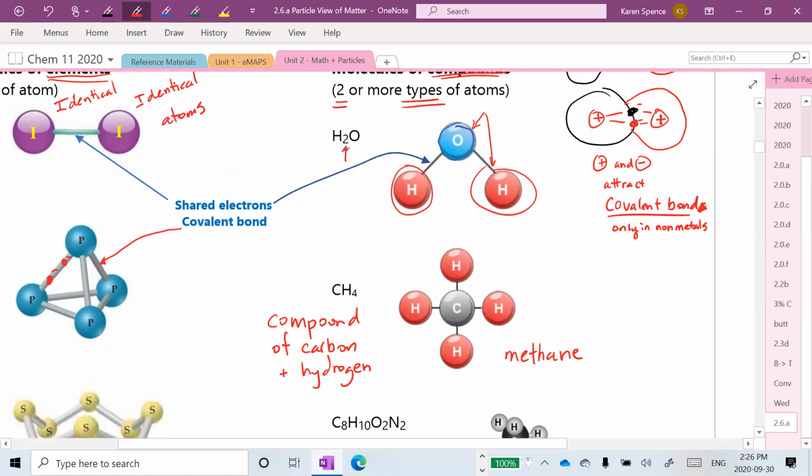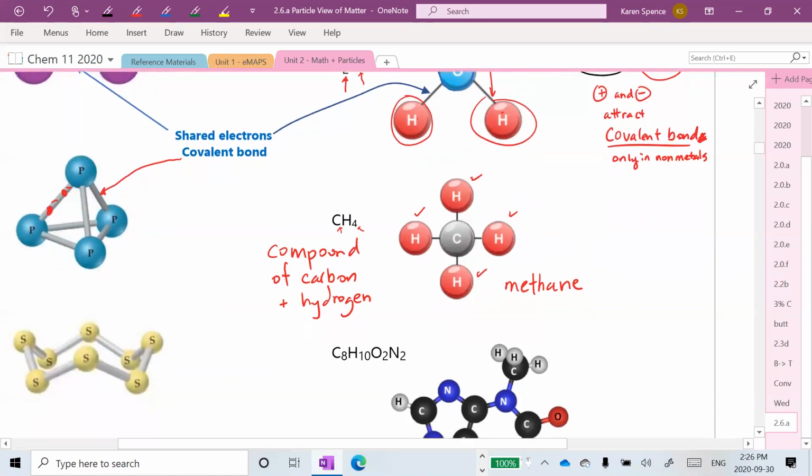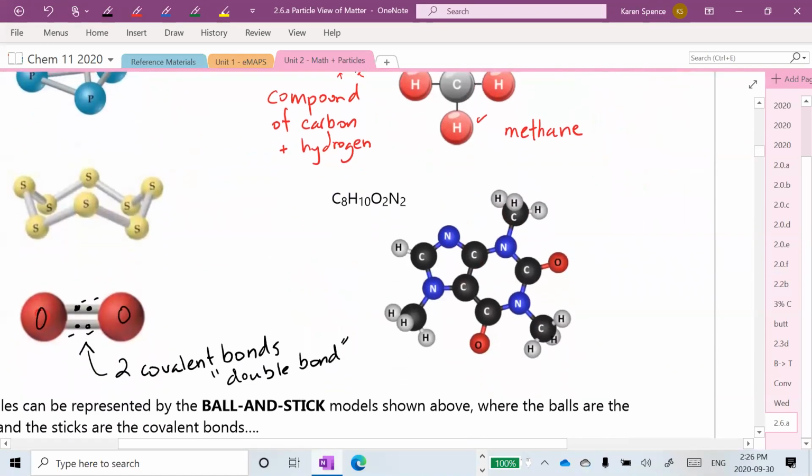You can see we have H2O. What that means is that we have two hydrogen atoms attached to the oxygen. There's nothing down at the oxygen, so that means we just have one oxygen atom. CH4, there's nothing down at the bottom of the C. That means we just have one carbon, and you can see one carbon there. And we have four hydrogens. 1, 2, 3, 4.